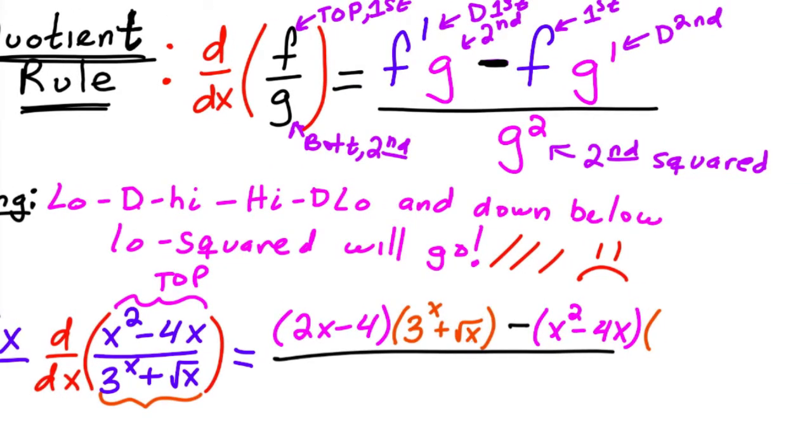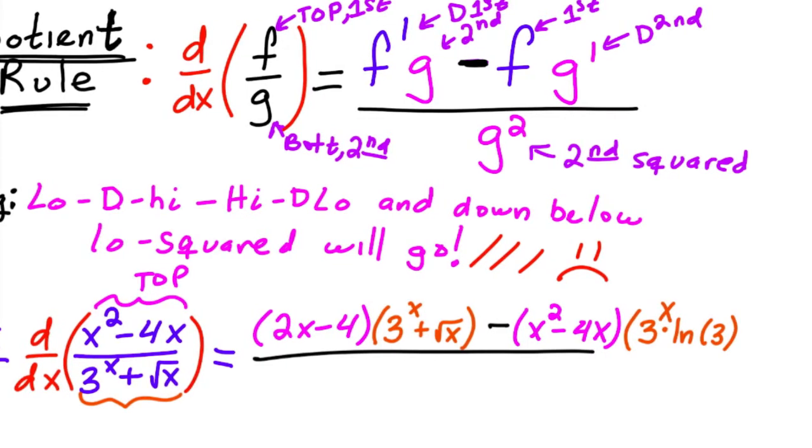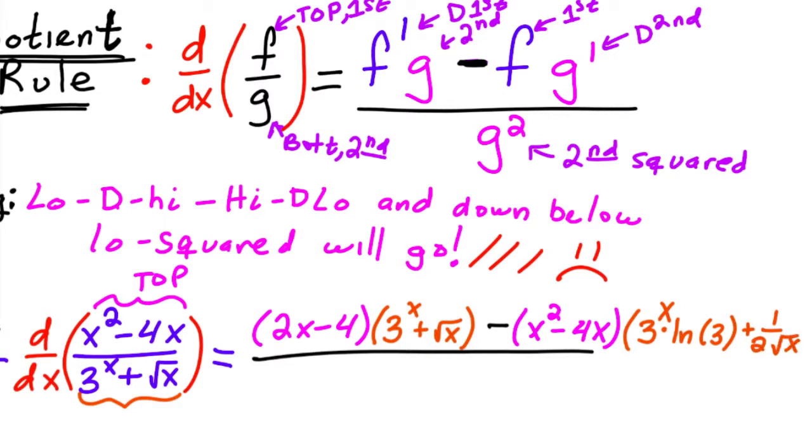The derivative of 3 to the x is 3 to the x times natural log of 3, plus 1 over 2 square root of x. And all of this is over the bottom squared, which is 3 to the x plus square root of x, squared.